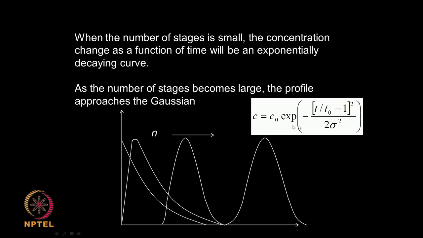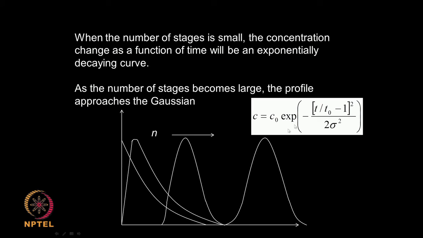You remember this equation which I taught you in the last 2 classes. So, for a very large number of stages, the output will appear like a nice looking normal distribution, whereas if n is equal to 1, it will appear as an exponentially decaying concentration. That is why you need to consider the entire chromatographic column divided into several stages.